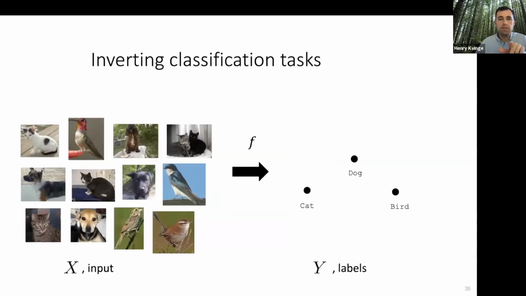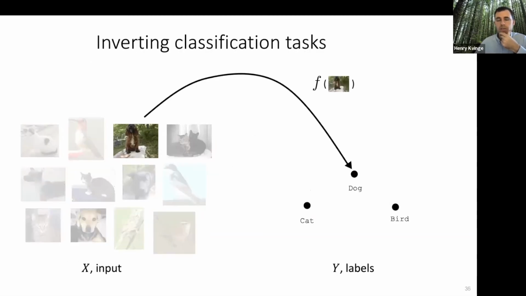So just to put this all in pictures, and also have the obligatory dog and cat picture in the presentation. The traditional thing that we were expecting to do was, you hand us a picture of a dog and we give you the label.